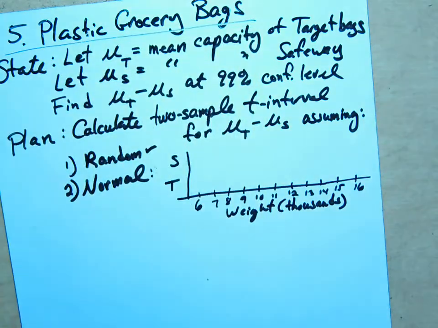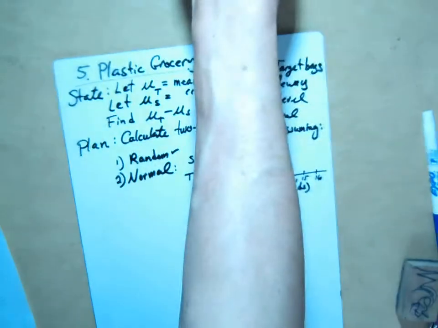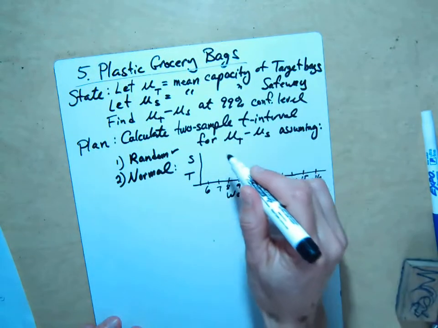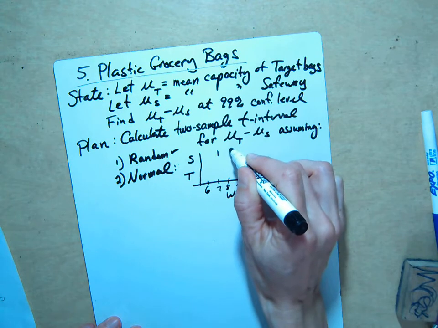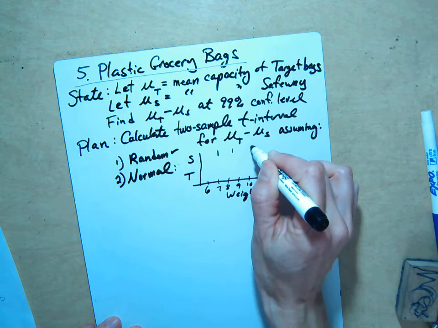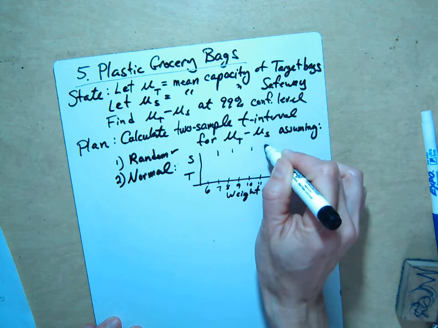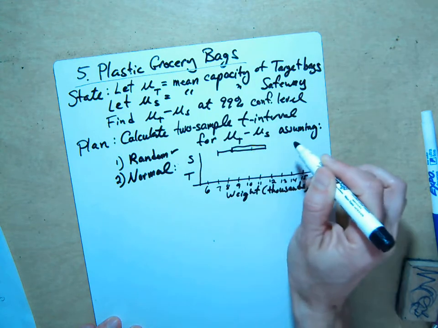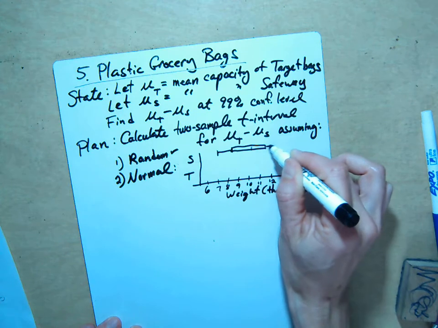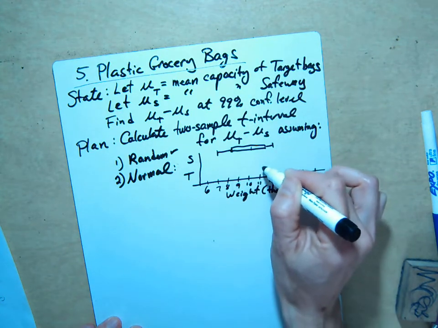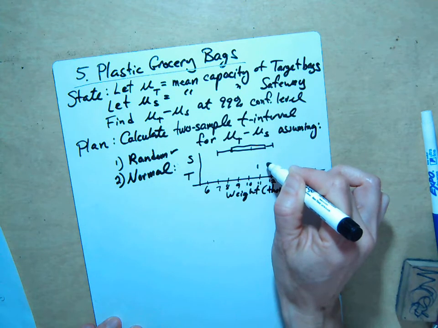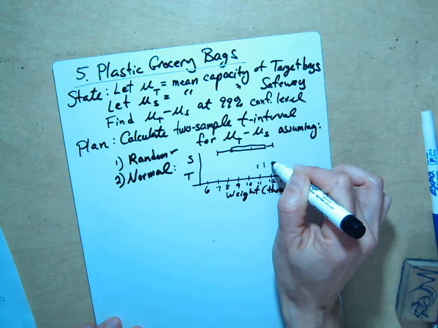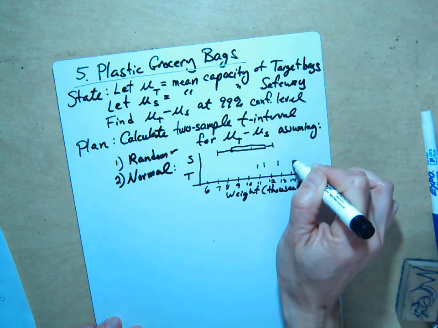So doing that, you would do something like for Safeway would look like, here are the key points, 8, 10, and around 11. And for Target, something like the minimum is around here, and Q1 is around here, Q2 is around here and here.